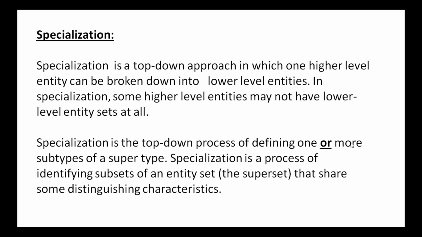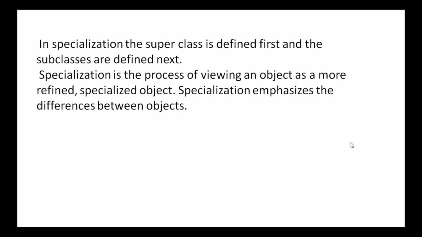It's a top-down approach in which one higher level entity, known as the supertype entity, can be broken into lower level entities. Lower level entity means subtype entities. So simply, in specialization the superclass is defined first and the subclasses are defined next.